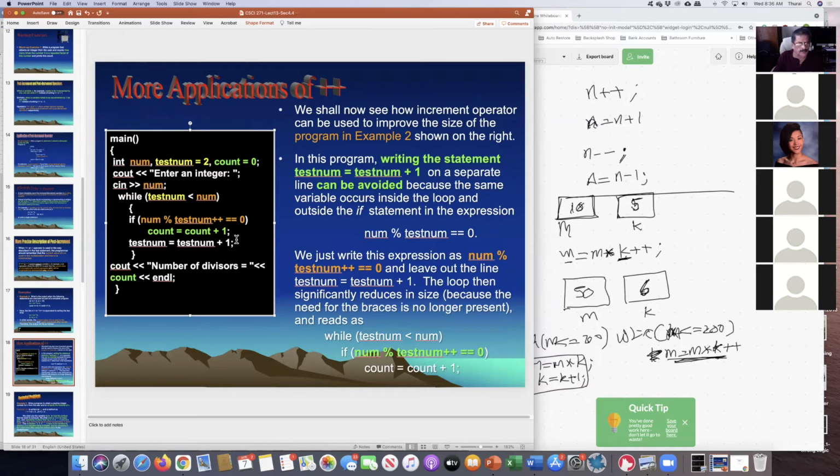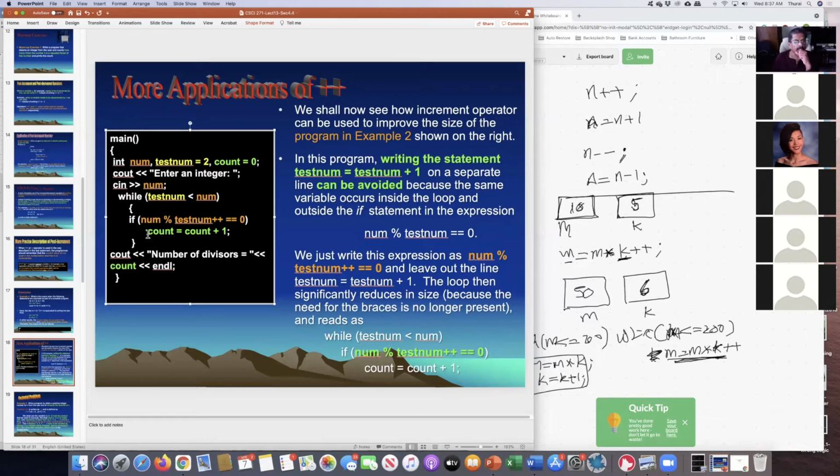That will change the test num. That will eliminate this line. Also the count equal to count plus 1 can be replaced with count++. So if I change that to ++, then I don't need the curly brackets anymore. I only have one statement now in the loop.